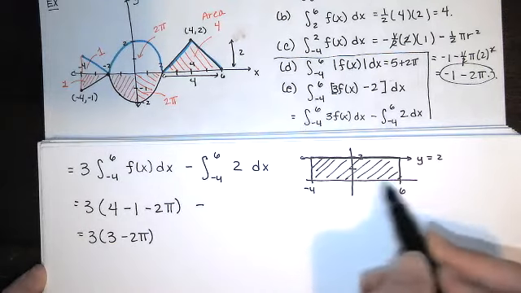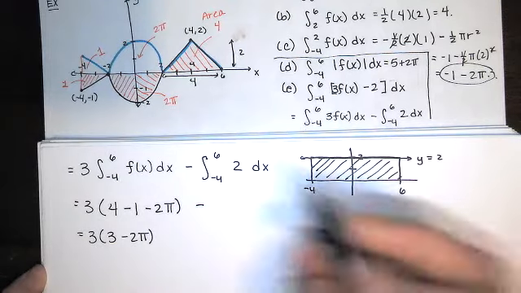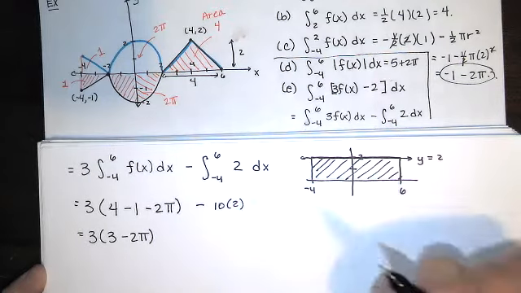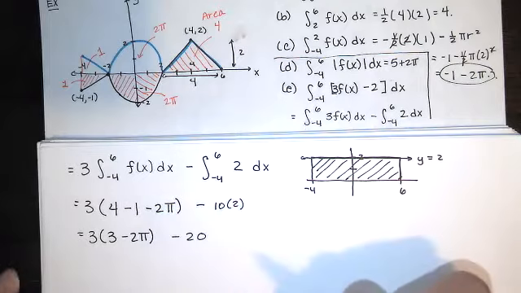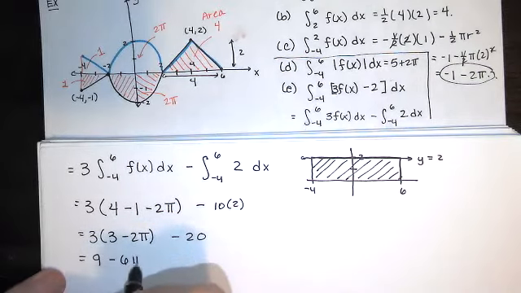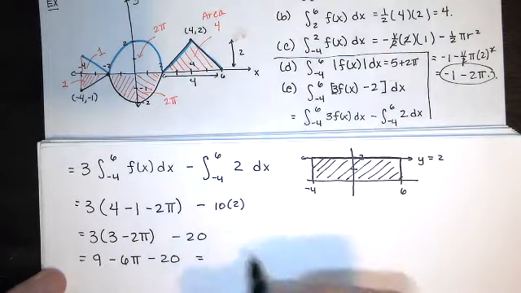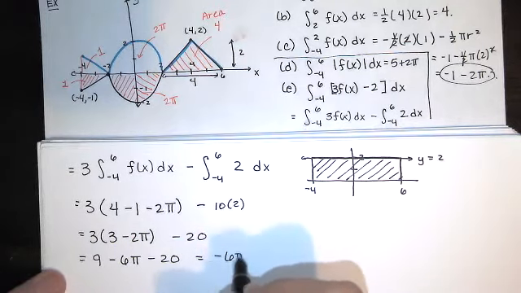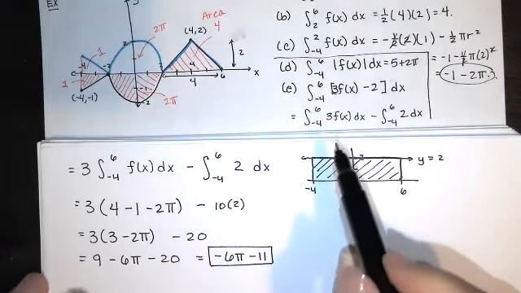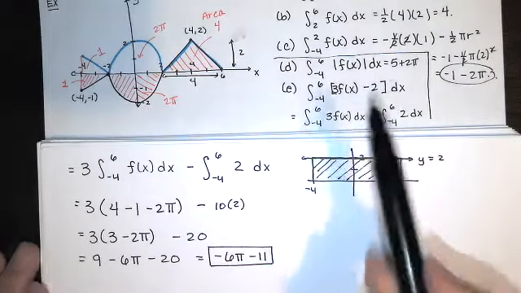The length is 10. 6 minus -4 is 10. And then I'm multiplying it by that height of 2. So we're subtracting 20 from this. So we have 9 minus 6 pi minus 20, and that ends up being -6 pi minus 11. And that's the value of this integral over here.